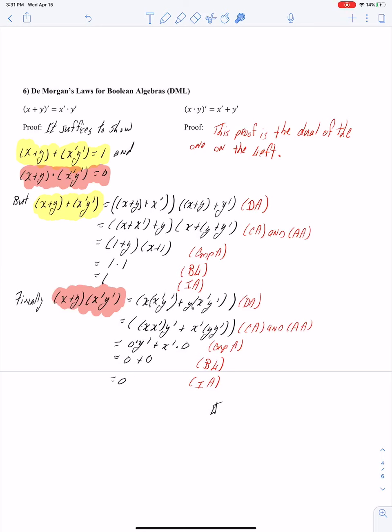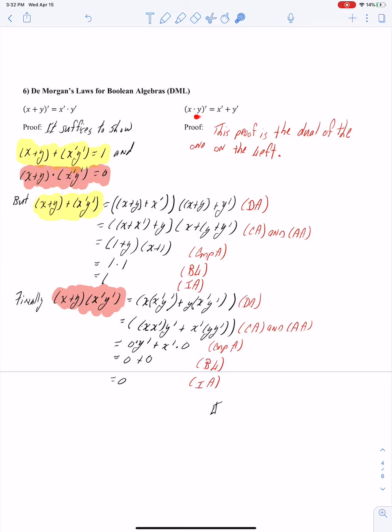Okay, so what do De Morgan's laws look like in a Boolean algebra? Well, it says this. The complement of x plus y is the complement of x dot the complement of y. What's the dual of this statement? Everywhere I see a plus, I'll replace it with a dot and vice versa, and you get what?